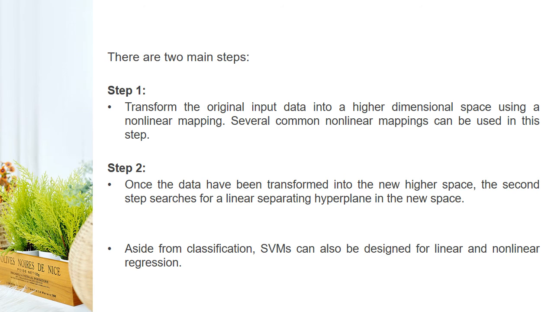In step 2, once the data have been transformed into the new higher space, the second step searches for a linear separating hyperplane in the new space, as we have discussed with the first case. So first we transform into a higher dimensional space using nonlinear mapping methods, and then we can apply the same method we discussed earlier. Aside from classification, SVMs can also be designed for linear and non-linear regression.